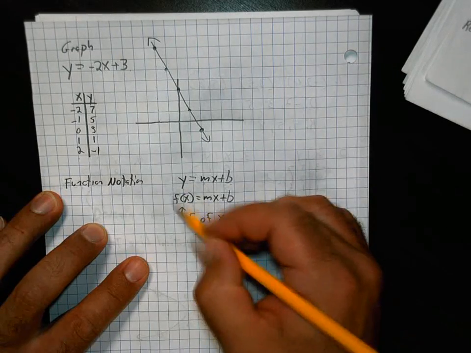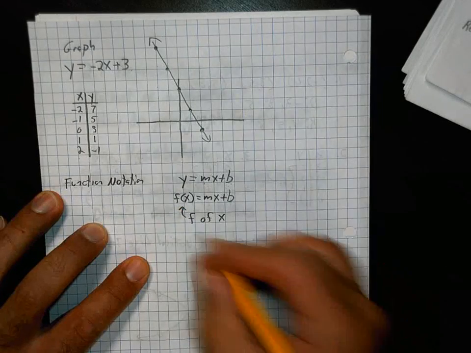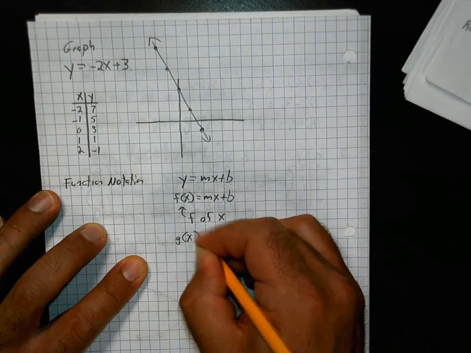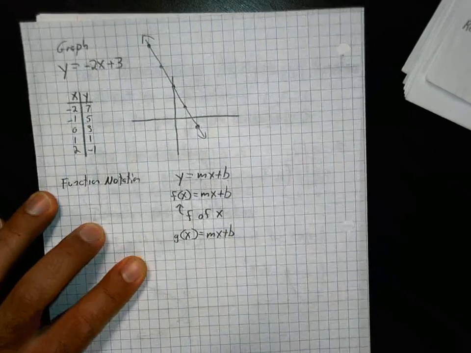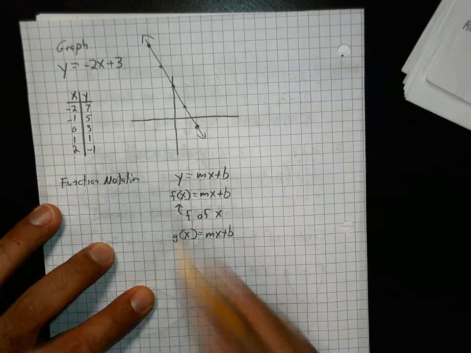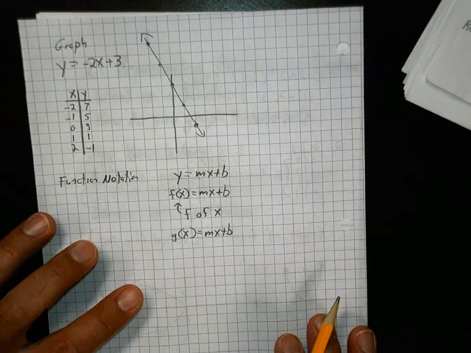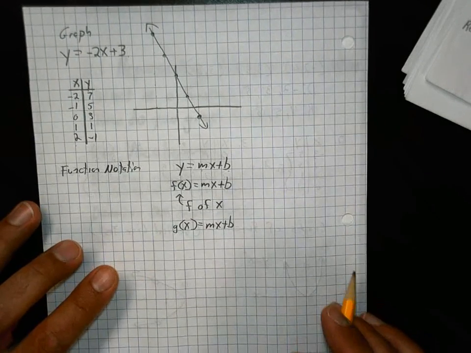It's just naming the function. And the f could be any letter. It could be g of x equals something. Often that letter has a real world meaning. P of x might be profit for a company, something like that.